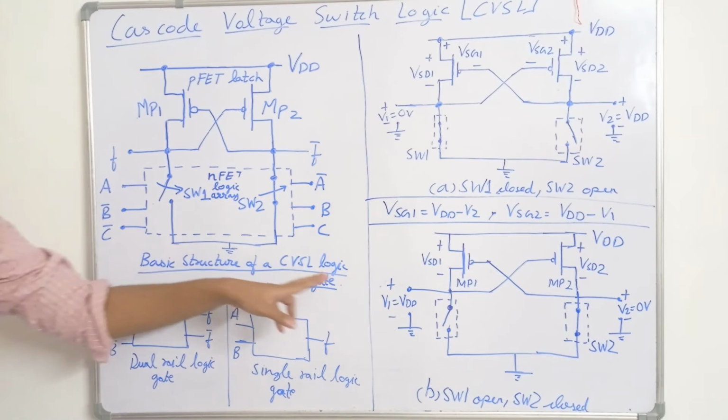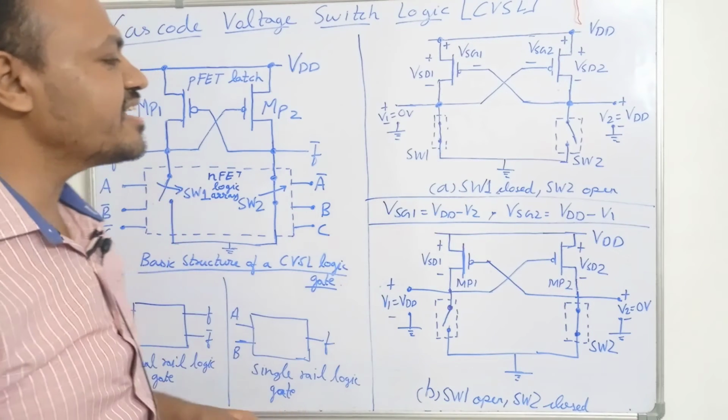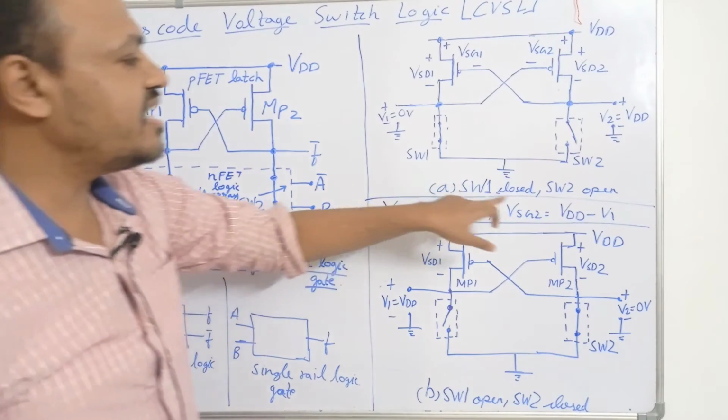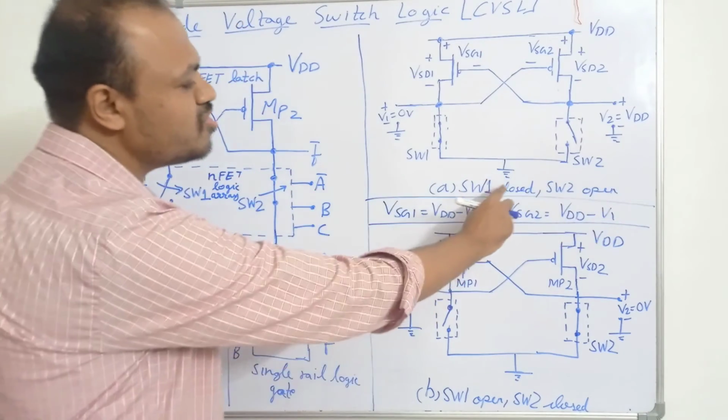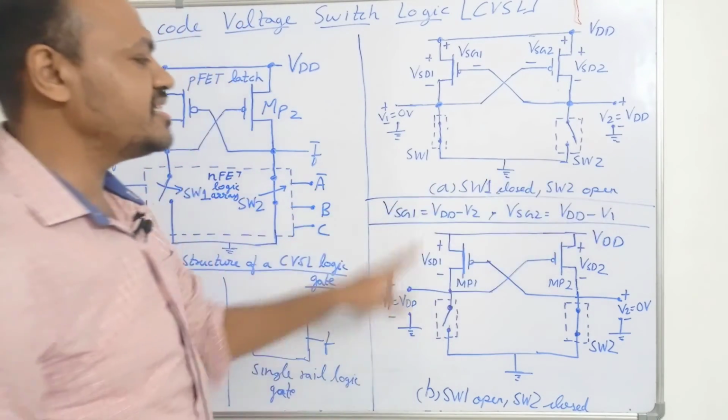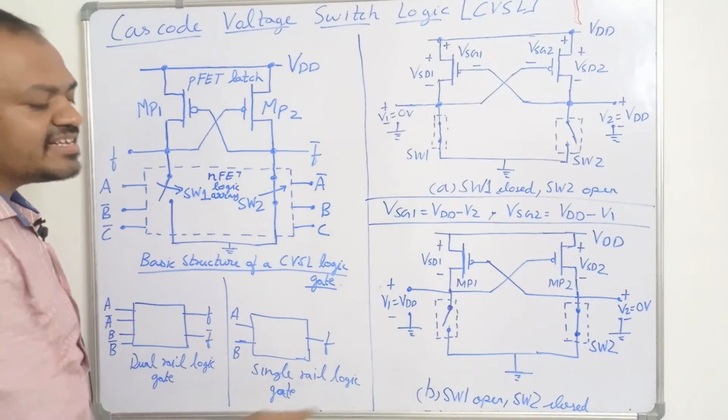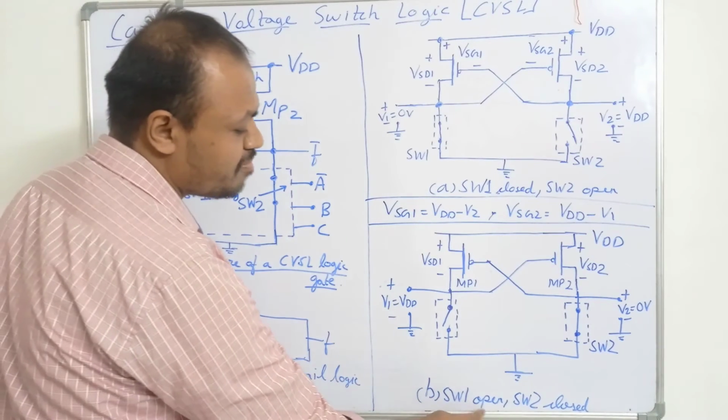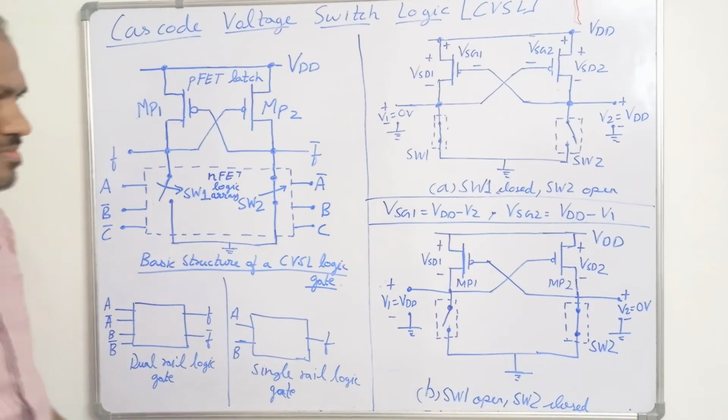So this CVSL logic can have two states. In state 1, SW1 is closed and SW2 is open. In the second state, SW1 is open and SW2 is closed.